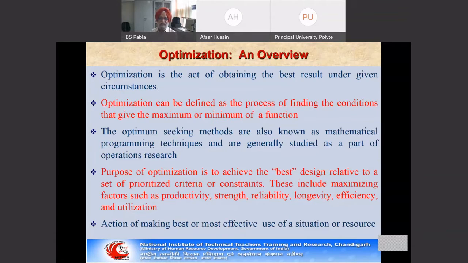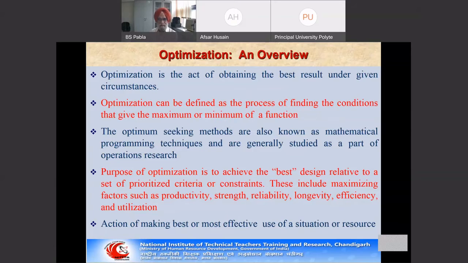Optimization seeking methods are also known as mathematical programming techniques and are generally studied as a part of operation research. We study this in mechanical engineering, and in mathematics also.